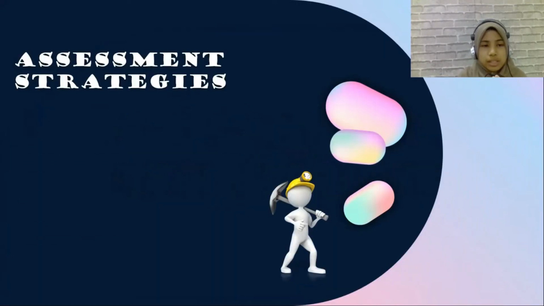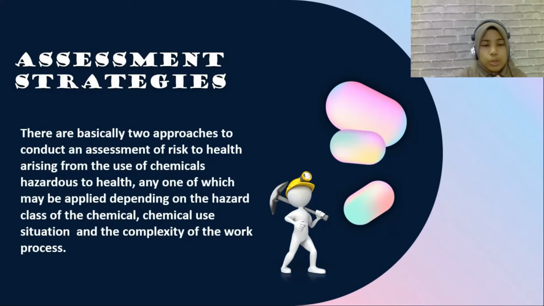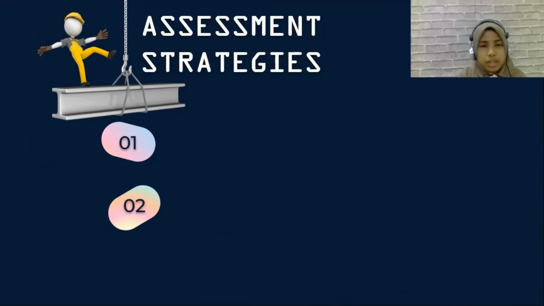Assessment strategies. There are basically two approaches to conduct an assessment of risk to health arising from the use of chemicals hazardous to health, any one of which may be applied depending on the hazard class of the chemical used, the situation, and the complexity of the work process. The first one is full assessment, and the second one is simple assessment.